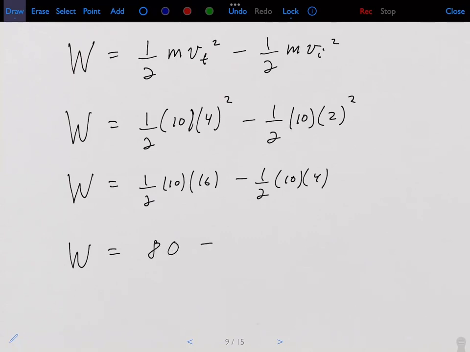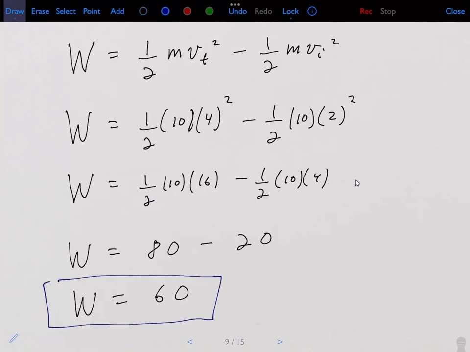Minus, and then 1/2 times 10 times 4 is 20. And then finally, I can do the addition and subtraction left to right. So there's subtraction in this case. So W is equal to 60. Right, so that would be my answer. This, by the way, is going to be related to work and energy. We'll get into this near the end of the semester. So W is equal to 60.